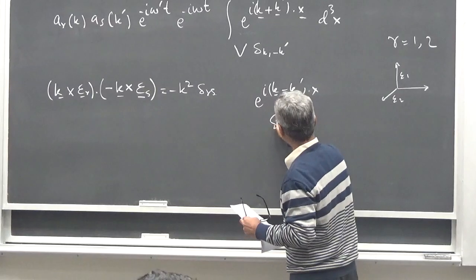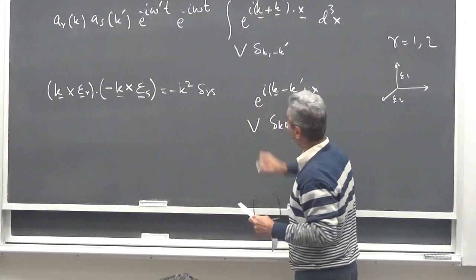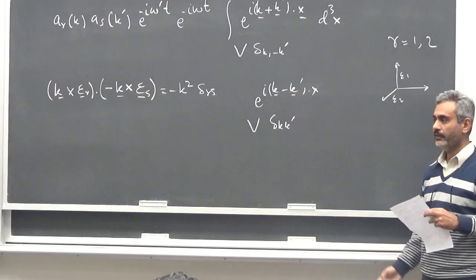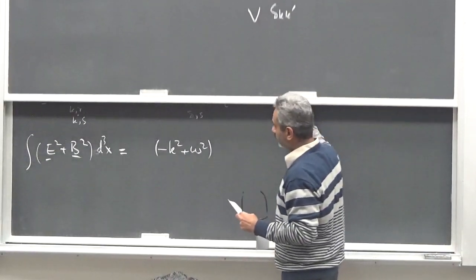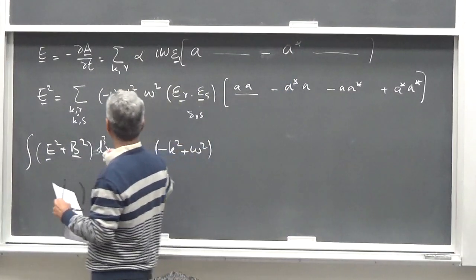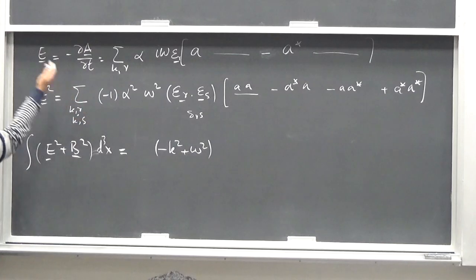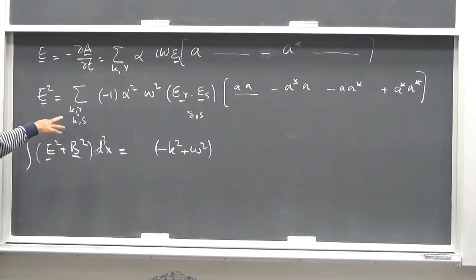And this is going to give you delta k k prime. And so there's going to be a negative sign. This negative sign is there in front, and this will get cancelled elsewhere. We'll see that later, if I can remember.